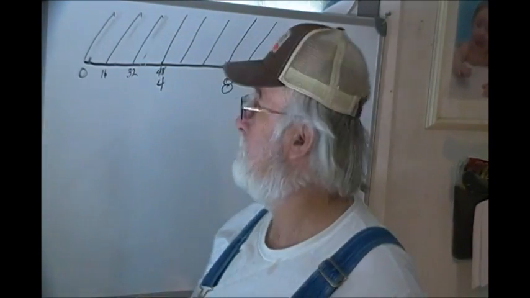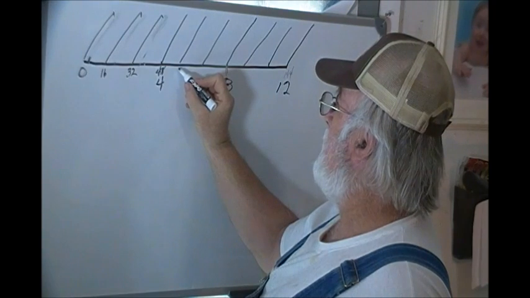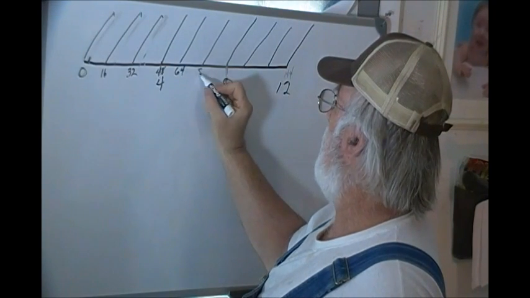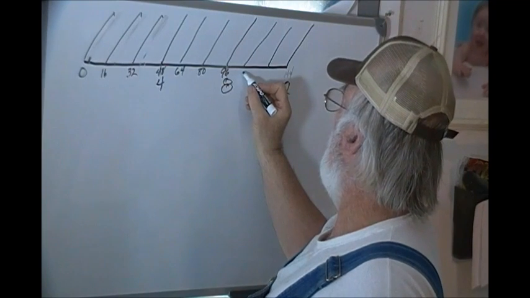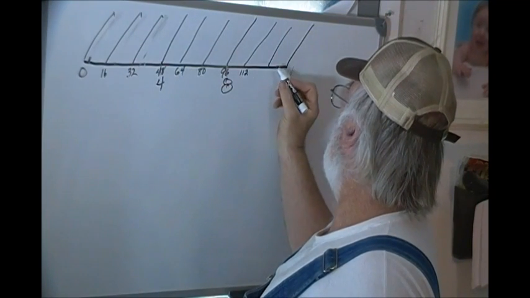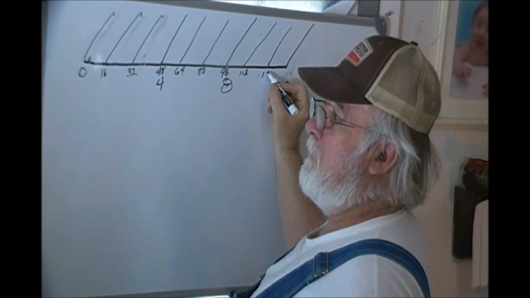You make you a mark, and you just keep on going every 16 inches. 64, 80, 96, 112. 112 and 16 is what?